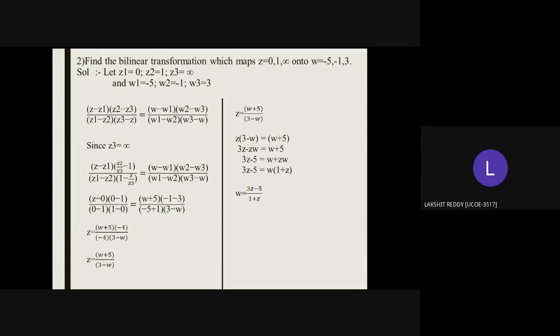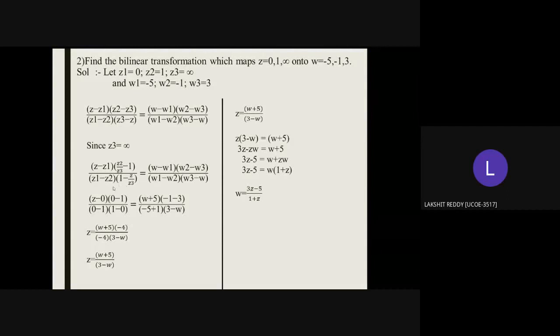Now you further get the equation (z minus 0)(1 upon infinity minus 1) upon (0 minus 1)(1 minus z upon infinity), which equals (w plus 5)(minus 1 minus 3) upon (minus 5 plus 1)(3 minus w). Now you just have to substitute the values which are given to us: z1 equals 0, z2 equals 1, and z3 equals infinity.